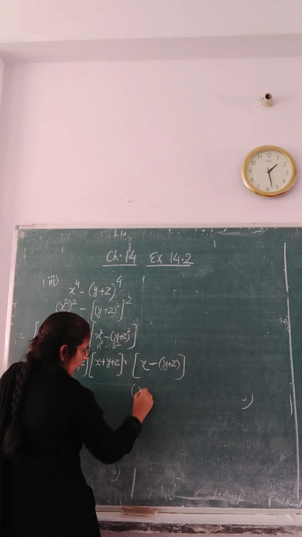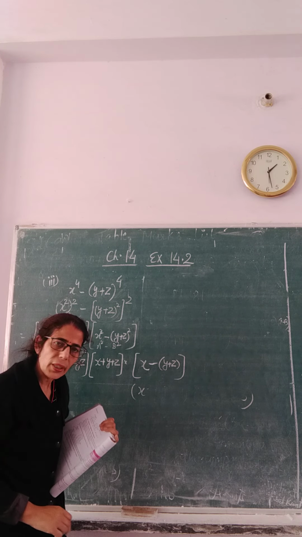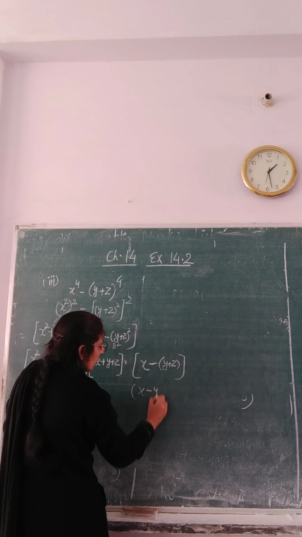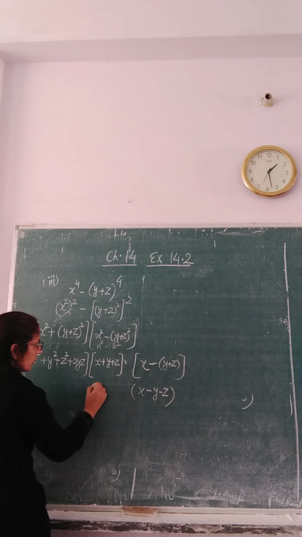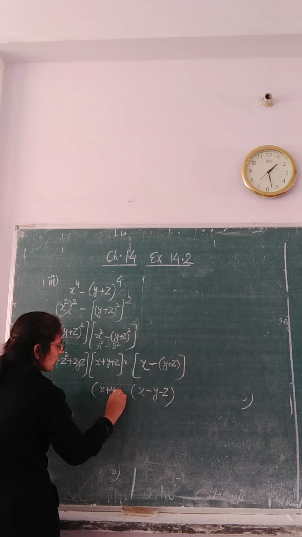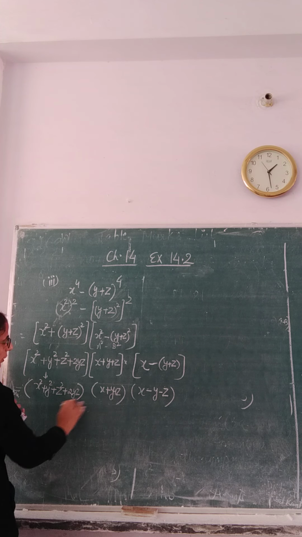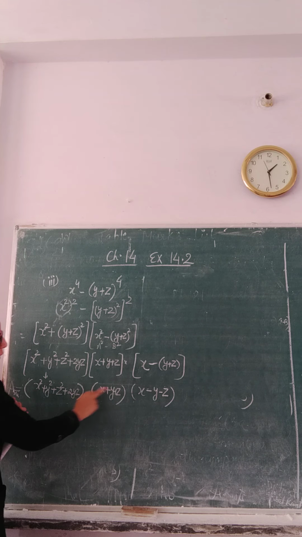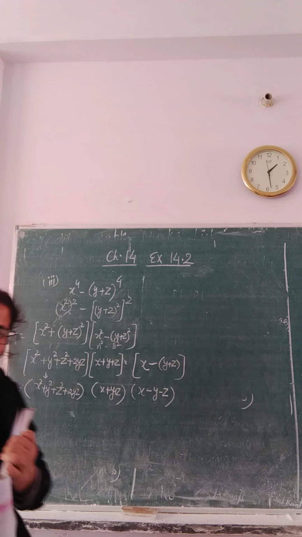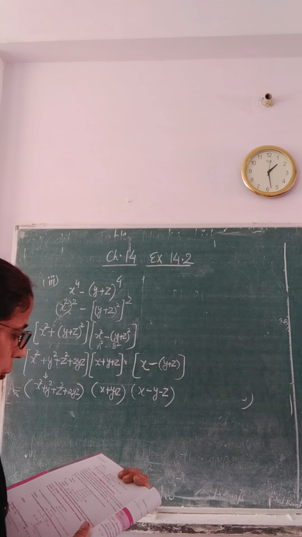As x minus y minus z, because outside the bracket there is a minus sign. So (x minus y minus z)(x plus y plus z) and this same term, x square plus y square plus z square plus 2yz. So this is the answer. We got 3 parts and each is separated by a multiply sign. So this is the factorization.